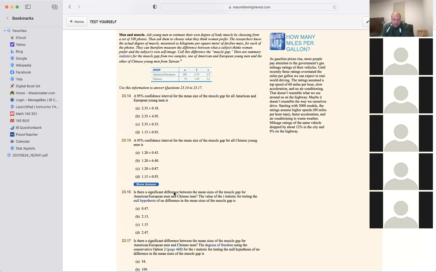Number 16, is there a significant difference between the mean sizes of the muscle gap for Caucasians versus Chinese men? Okay. What's 16?